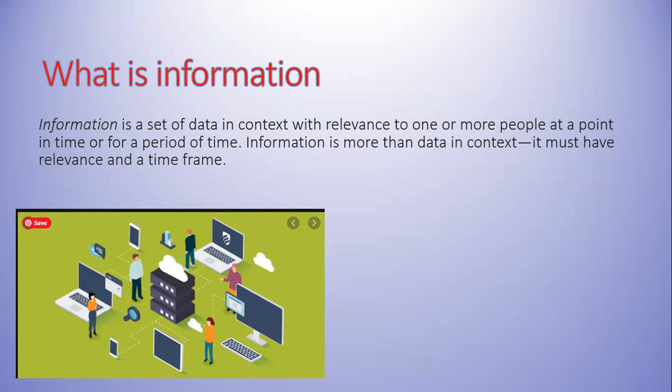So I would say that the Mesozoic consisted of Triassic, Jurassic, and Cretaceous periods, and then information is sorted about those periods. Data from those periods is sorted, say ages on a rock. So then the ages on the rock that have been measured in a lab as simple data become information when put on a graph. So it is more than data in context. You must have relevance and a time frame for it.